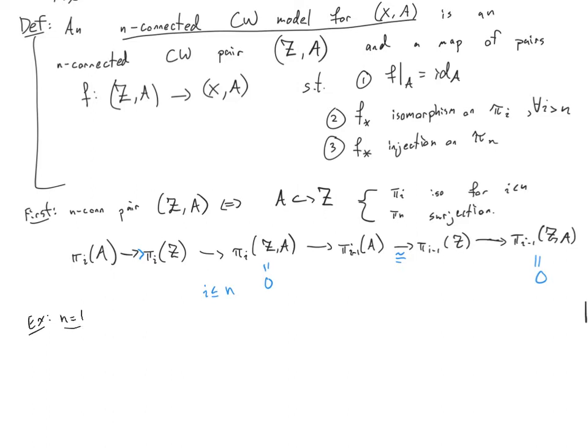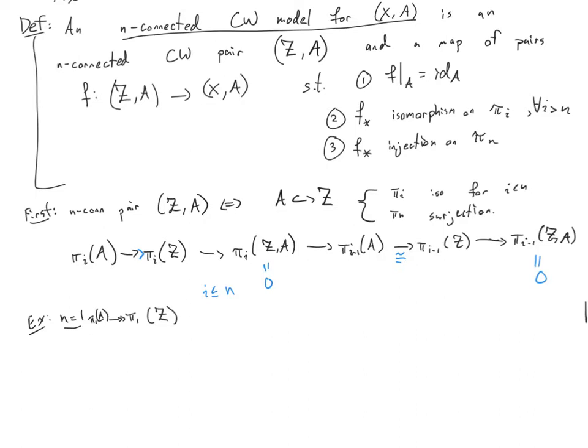If we're looking at a 1-connected model, all we know is that pi 1 of Z is surjected onto by pi 1 of A. And A is non-empty, so we know that the base point of A lives in the base point component of Z, and then we have this surjection in pi 1.